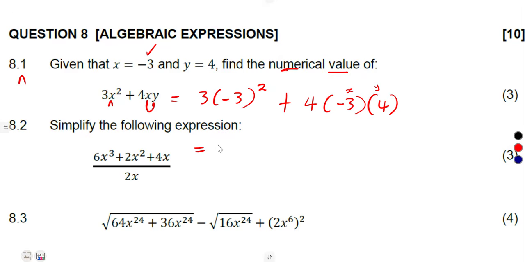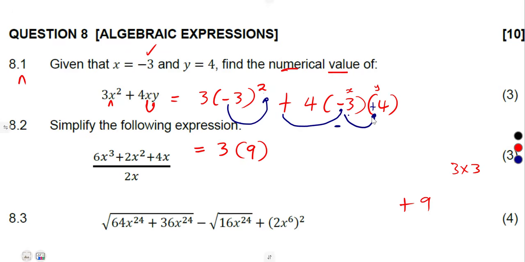So let's simplify. Remember, a negative when raised to an even exponent is going to be positive. So minus 3 squared means 3 times 3, which is a positive 9. Plus 4, multiplying negative 3 and a positive 4. A negative times a positive is going to give us a negative.